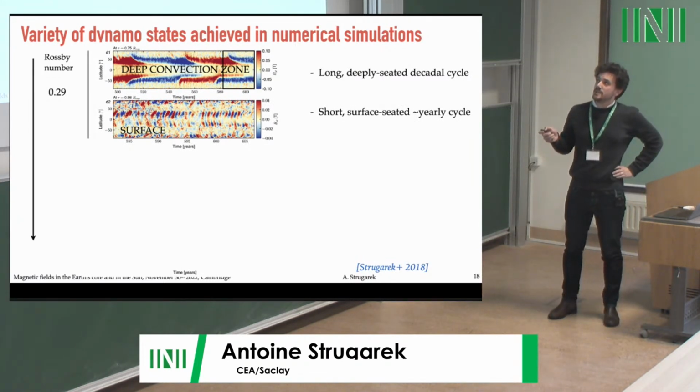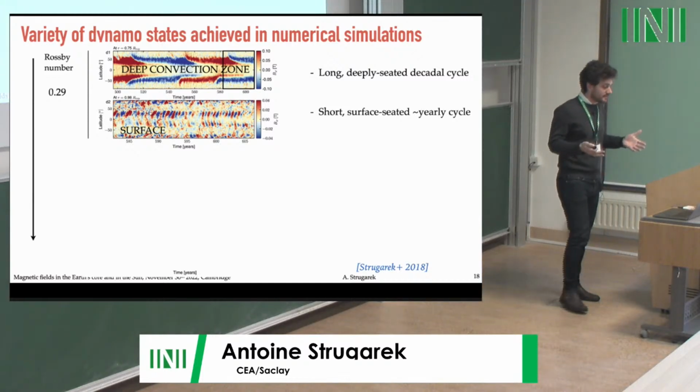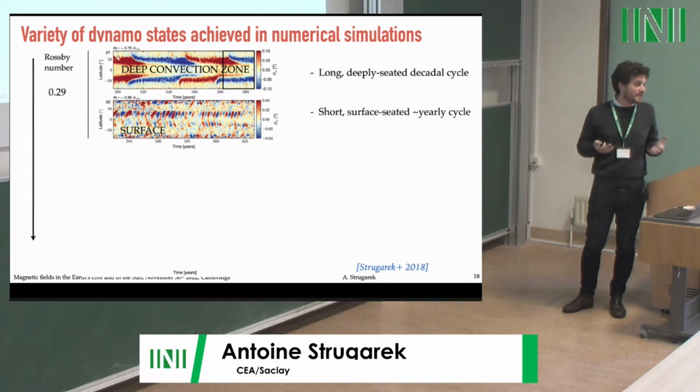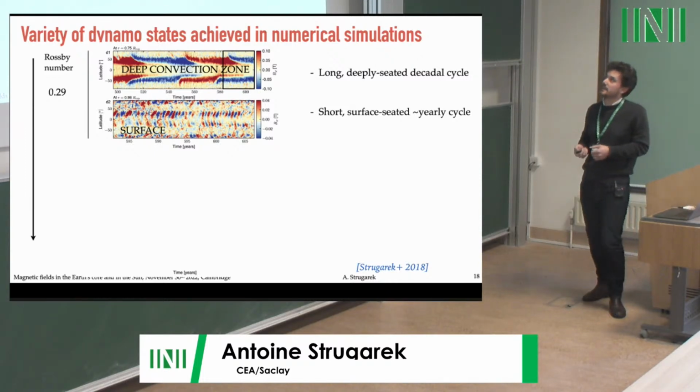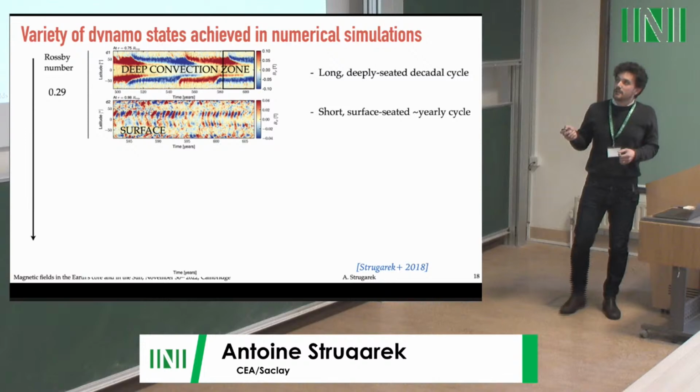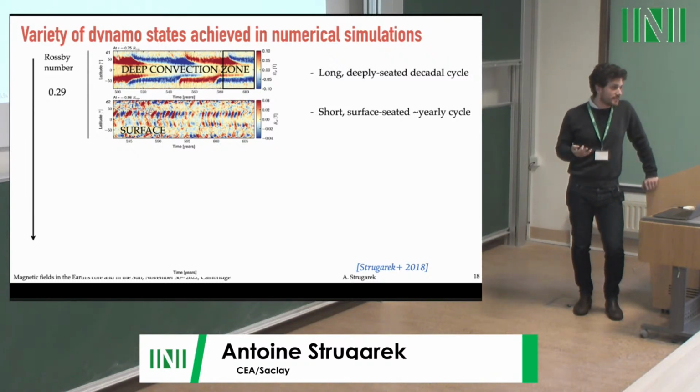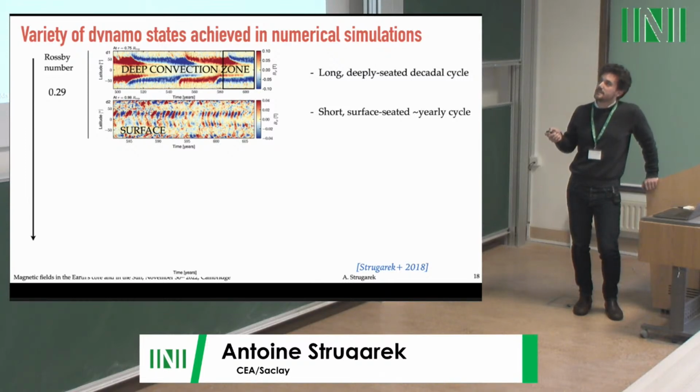You can find a deeply seated convection cycle that, if we calculate in physical units, is on the order of tens of years, a decadal time scale. If we remove this signal and zoom at the surface of the domain, we also see very short cycles starting to appear. These very short cycles are yearly or even shorter.